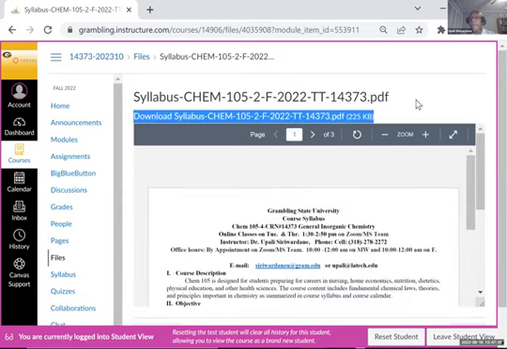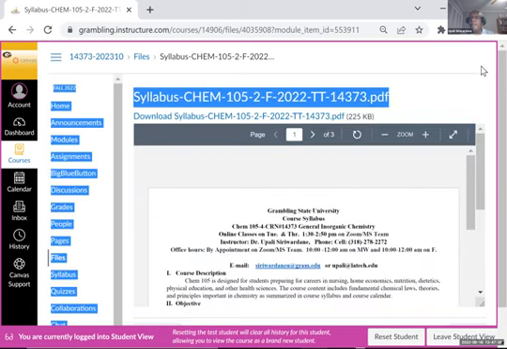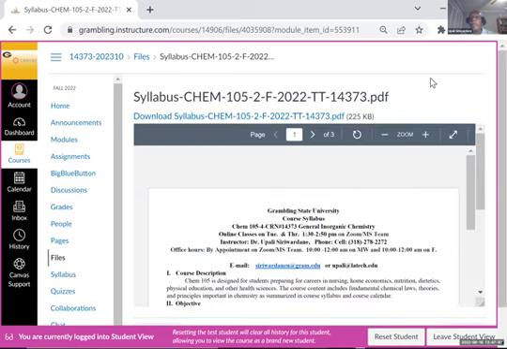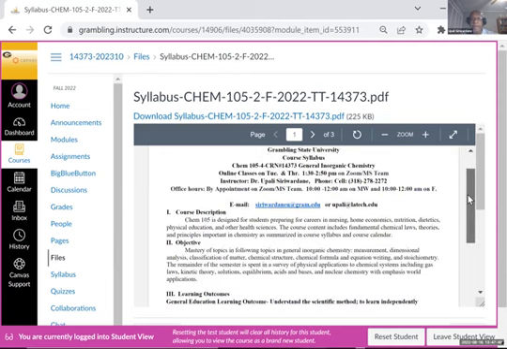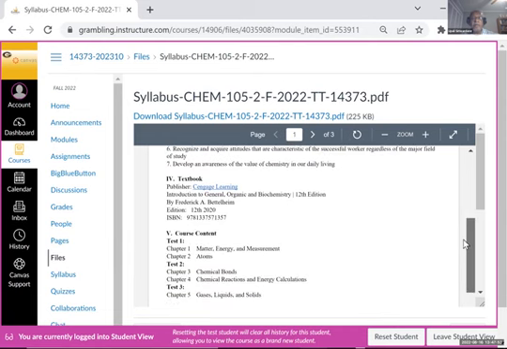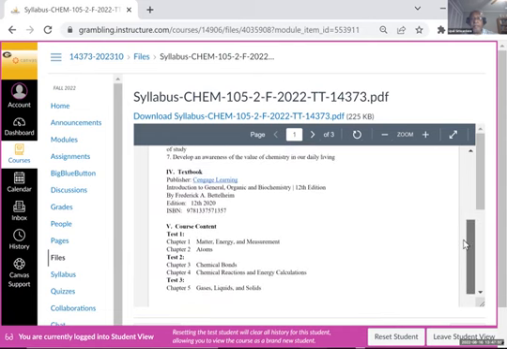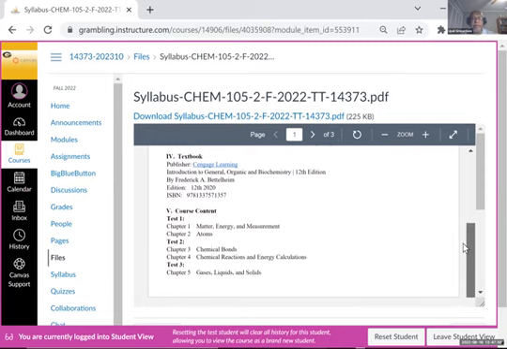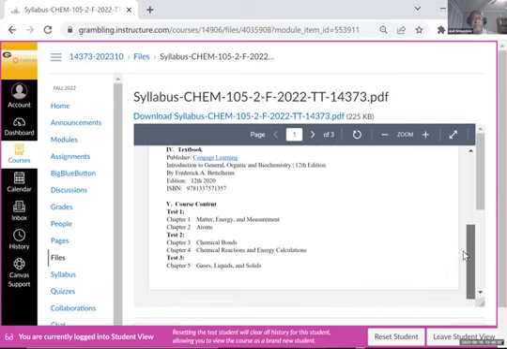You get a view here. The important thing is you have to read the syllabus. And one of the things you need to look at is course content.